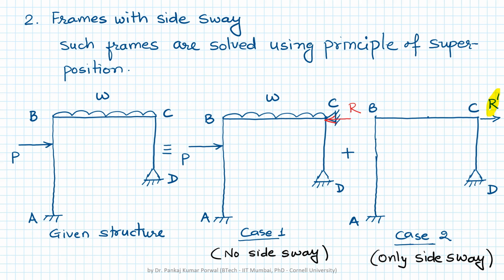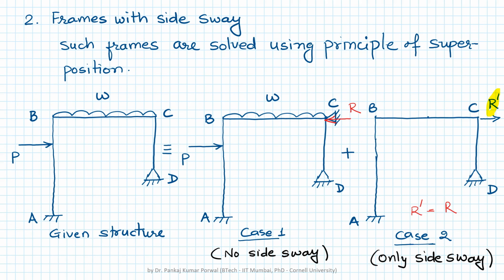So our R dash should be equals to R, and I have shown R and R dash in opposite direction. So sum of case 2 and case 1 will give us result for given structure.